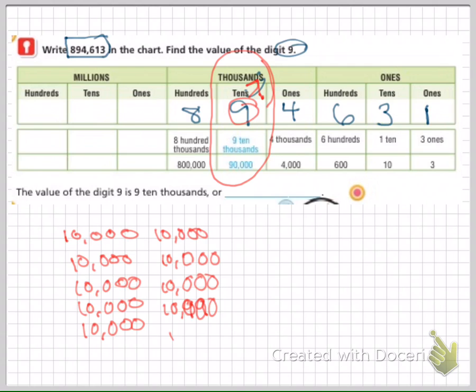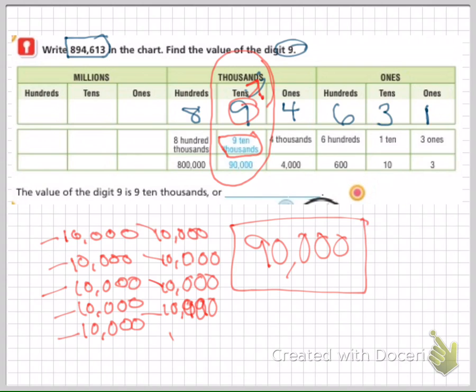And if we count them up, 10, 20, 30, 40, 50, 60, 70, 80, 90. That's 90,000. Now, they're also showing us that there's a couple of ways to write it. We can write it in words as 9 10,000s, or we can write it in digits as 90,000.